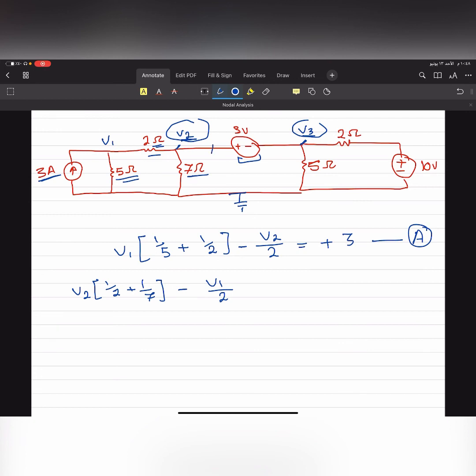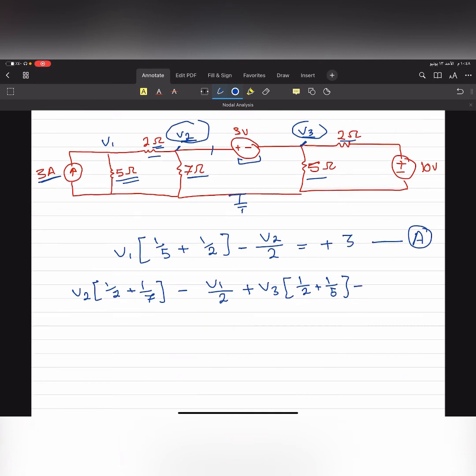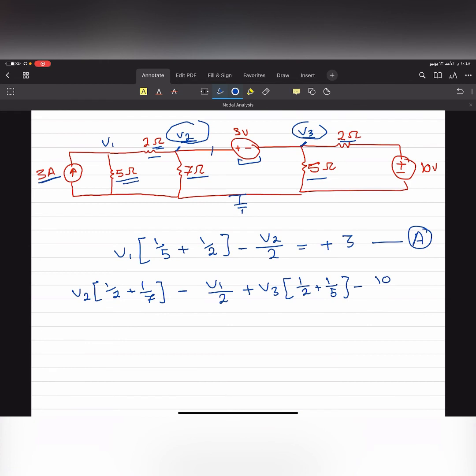Now we move on to V3. Just like I told you, put plus, okay? Plus V3 multiplied by the resistances, which is 1 over 2 plus 1 over 5, which are these two, minus the mutual voltage, which is 10, and the resistance between 10 and V3, which is 2.